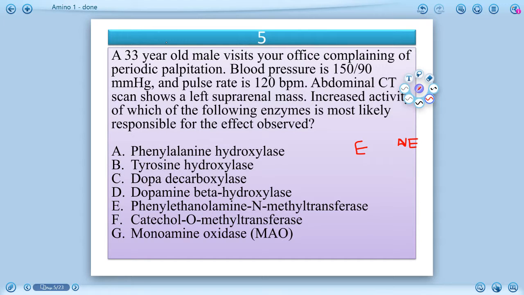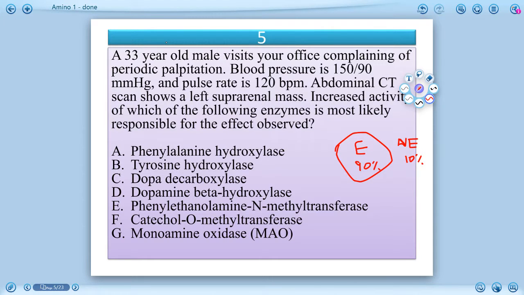Norepinephrine is produced by the adrenal medulla, correct? What percentage is epinephrine? 90%. Only 10% is norepinephrine. So the major product of adrenal medulla or pheochromocytoma is epinephrine, so obviously you're going to look for that.